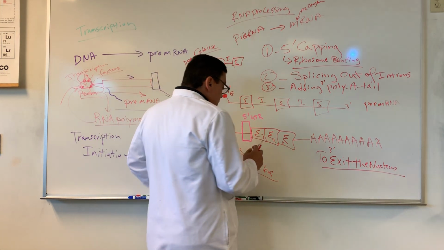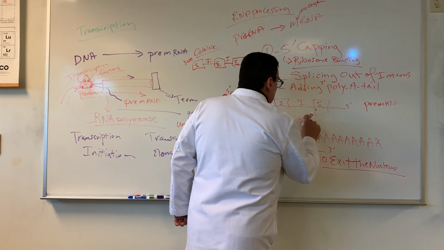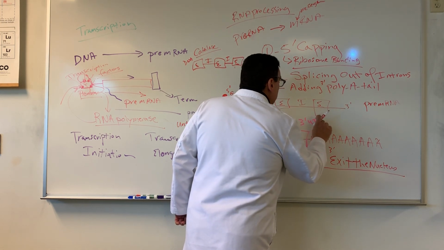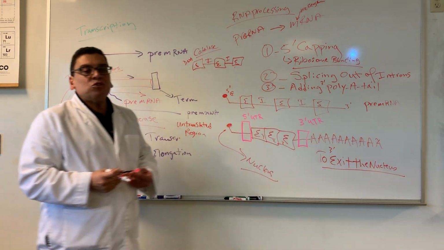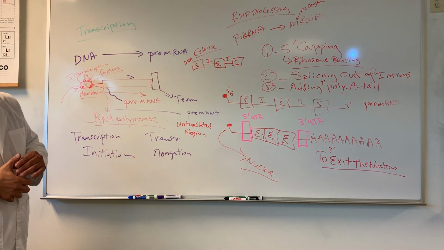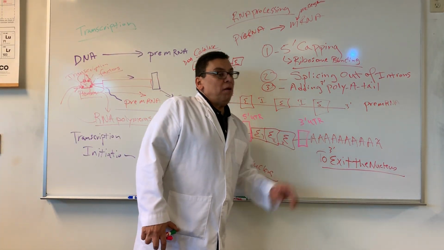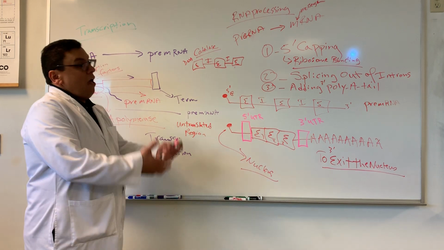And then there's another one like that on this end. And that's called the 3' UTR. They're both called untranslated region, but it also tells you their location. One at the 5' end and one at the 3' end. They have their jobs.